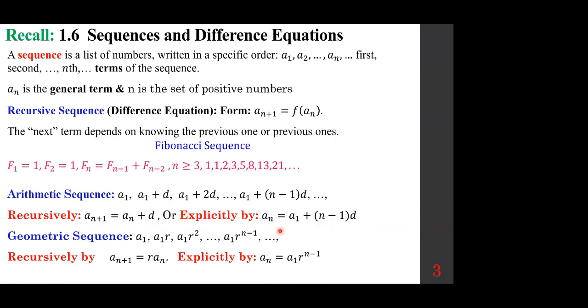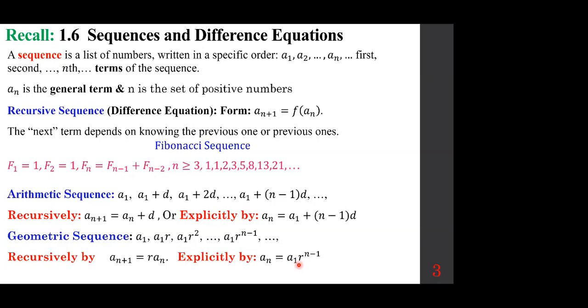In the case of a geometric sequence, a sub 1 times a common ratio r, and we keep on going to get to the general term. Recursively, a sub n plus 1 is the previous one, a sub n times r, and explicitly, a sub n is defined as a sub 1 r to the power of n minus 1. So I hope everybody's comfortable with that. This is what was discussed before.